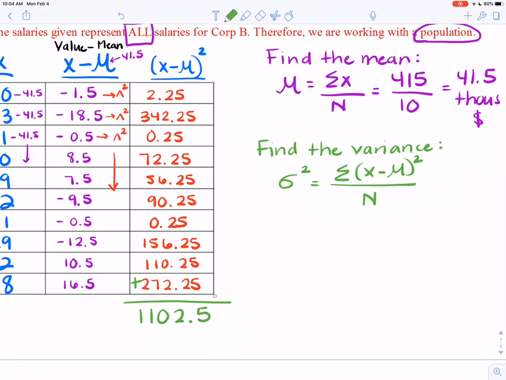All right, so I'm going to come back over here to my variance formula. All right, again, my sum is 1102.5. That's that whole number on top. All I have left to do to get my variance is divide by n. And n here corresponds to the 10 data values.